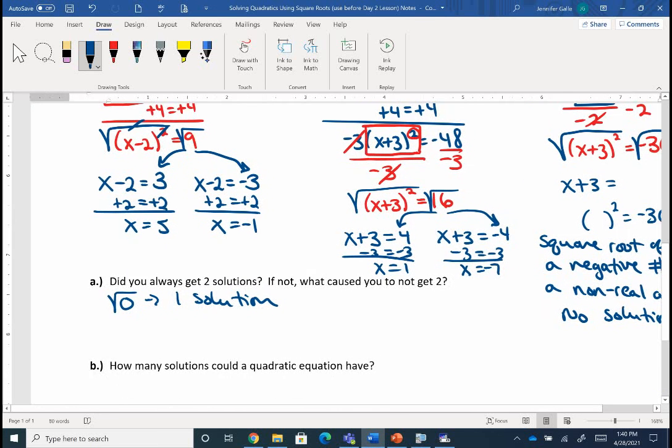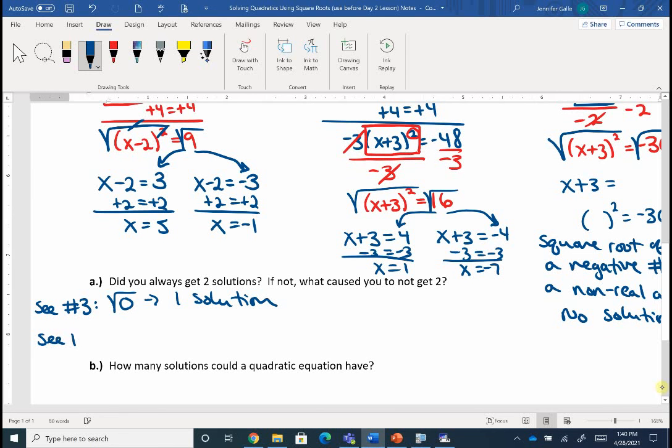let's see. On this one, I'm going to put a little C number 3. I'm going to put a C number 6. And the square root of a negative gave us no solution.